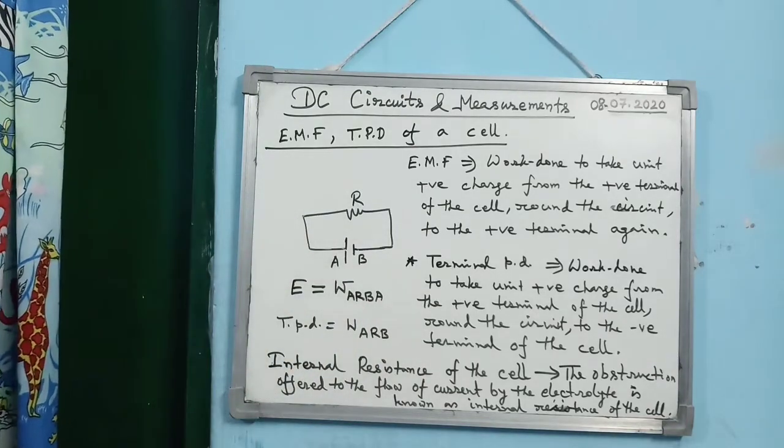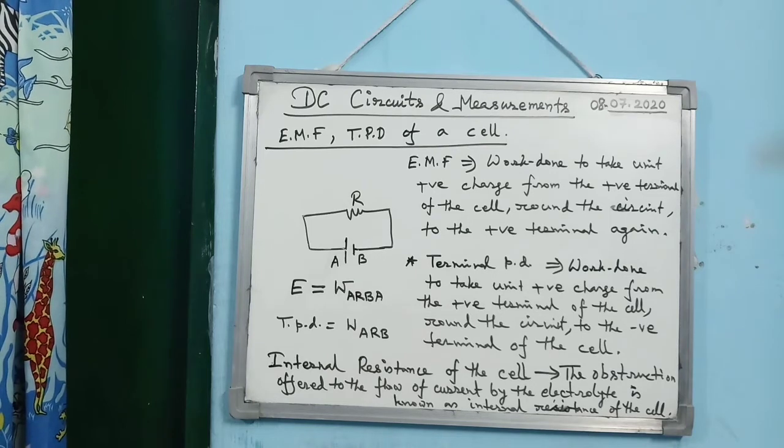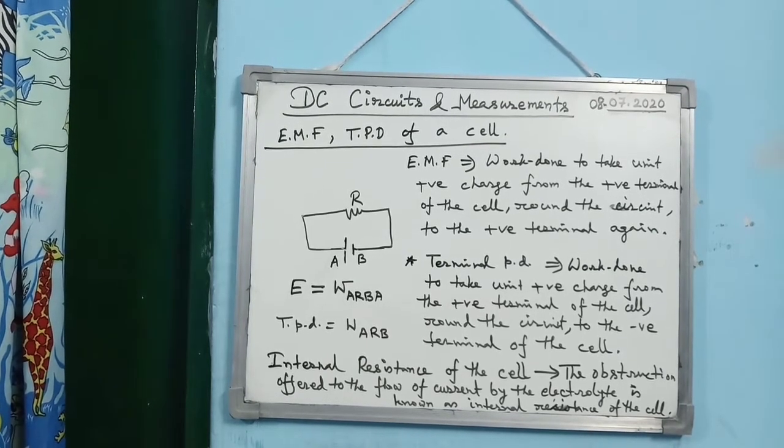Alright, so these are the known concepts to you: the EMF of an electric cell, terminal PD of a cell, and internal resistance of a cell.